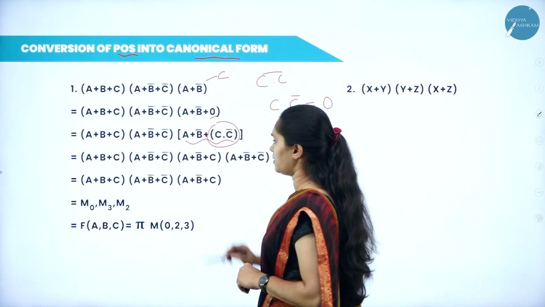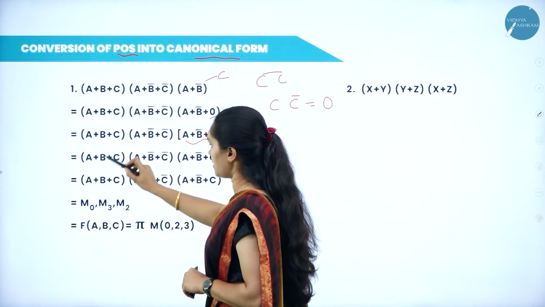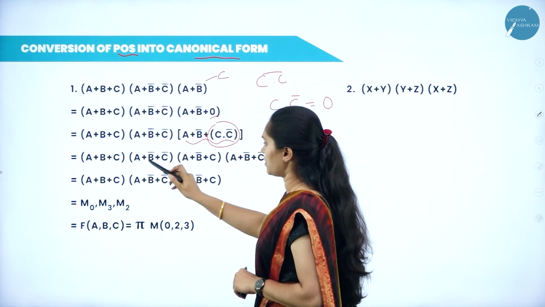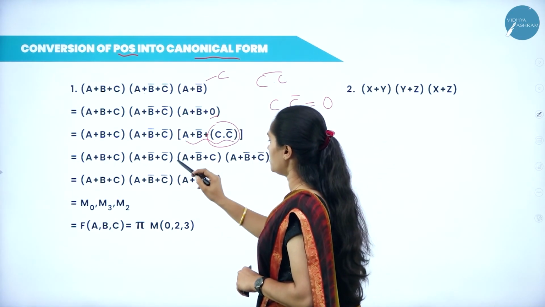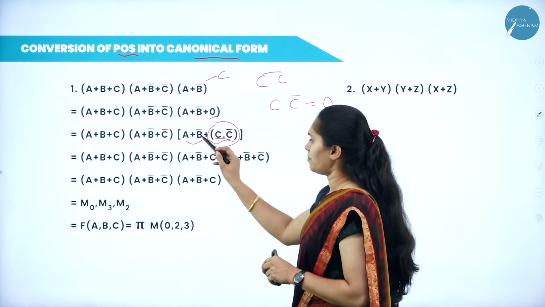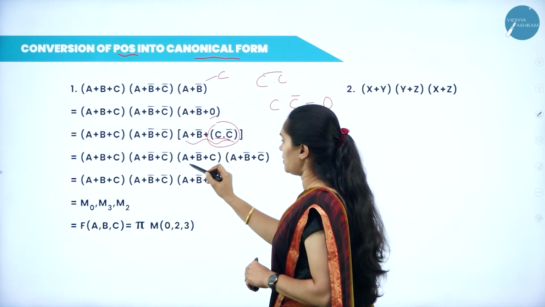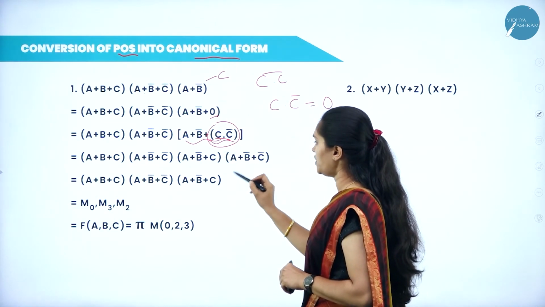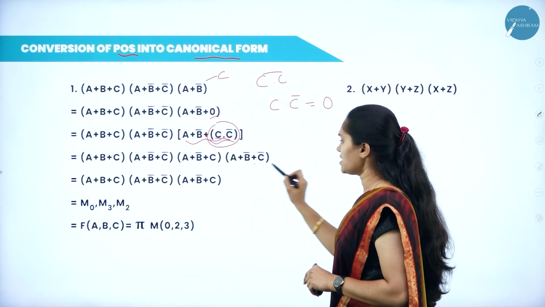After that, it will be 0. Then we have to multiply this C into C bar with this A plus B bar. So that A plus B bar plus C into A plus B bar plus C bar.